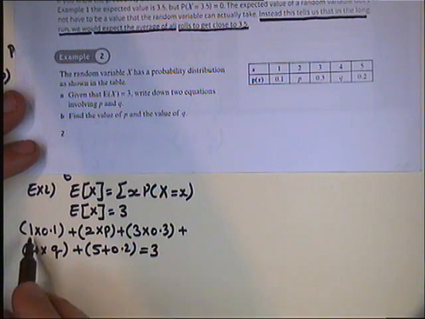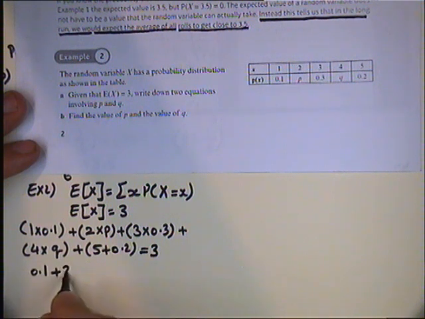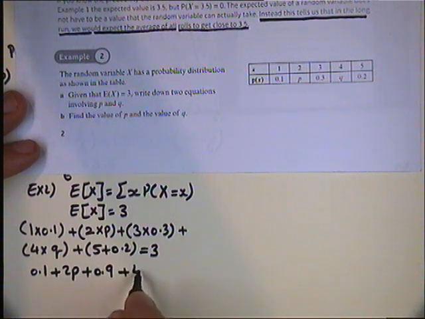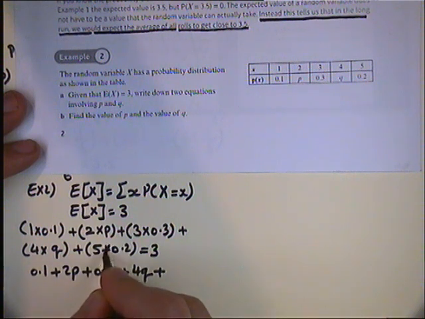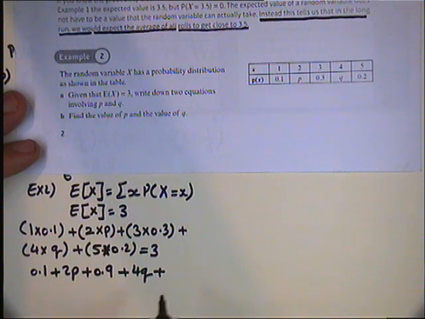So 1 times 0.1 is 0.1, plus 2p, plus 0.9, plus 4q, plus 5 times 0.2, which is 1, equal to 3. 0.1 plus 0.9 is 1, and with this one, which is 2.